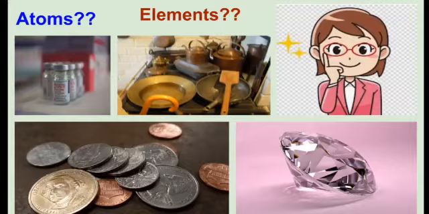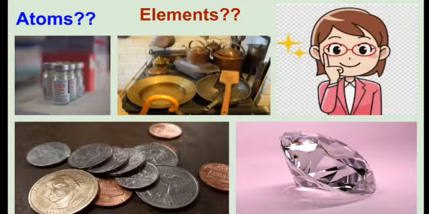A brick is the smallest unit of a wall, right? A cell is the smallest unit of the human body, correct? So like this, an atom is the smallest unit of elements. So what are elements? They are made up of atoms, okay?